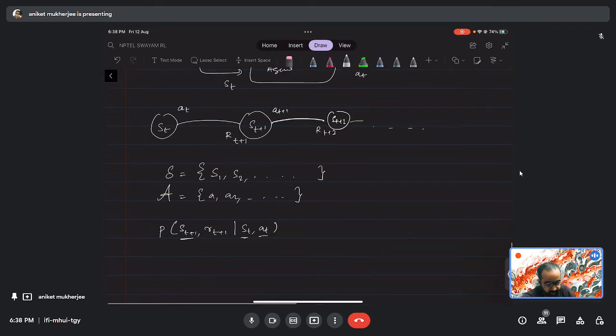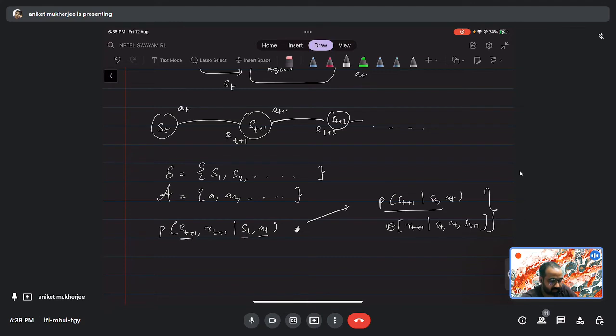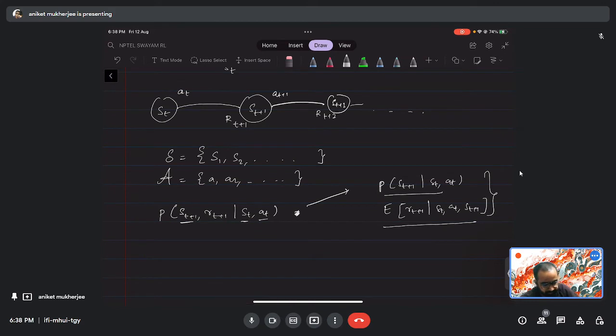This is one of the probabilities. I can split this into the probability of s_{t+1} given s_t, a_t, and the expectation of r_{t+1} given s_t, a_t, s_{t+1}. So it's basically probability, but sometimes you don't know the whole distribution, so you get the first moment, which is fine. I hope that is clear to everyone.